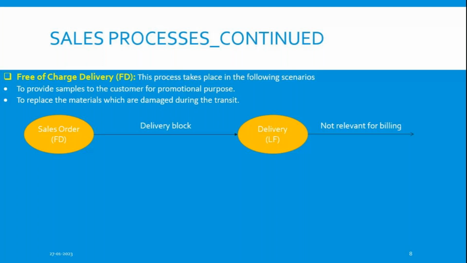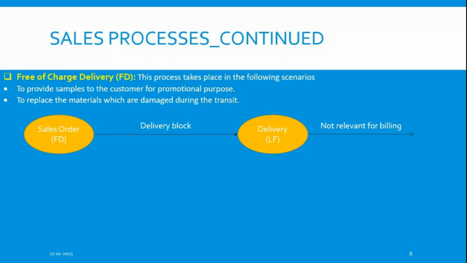As per standard SAP, if you create a free of charge delivery process, it defaults to a delivery block. It means the sales order gets created, but the delivery will not be created. Delivery is blocked. Why? Before giving free goods to the customer, whether as a sample or as a replacement for a damaged product, whatever the situation, we want to review why the free goods are given.